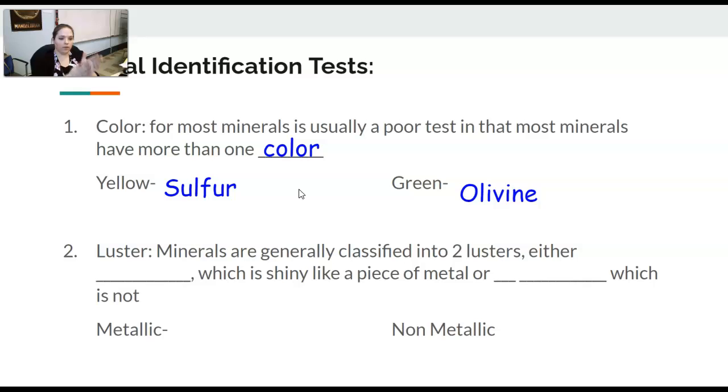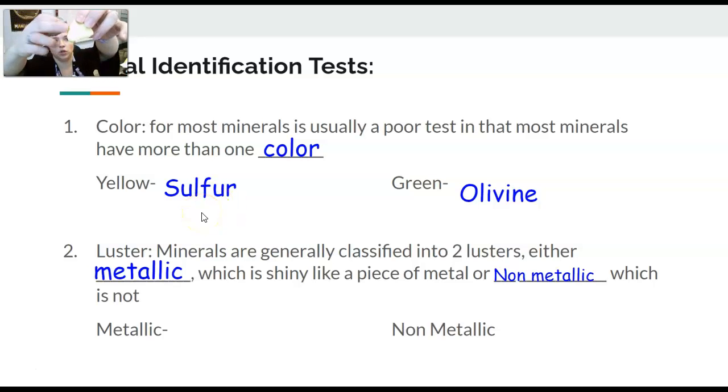And then you have luster. So minerals are generally classified into 2 lusters. They're either metallic, which means shiny like a piece of metal, or non-metallic, which means they're not. All right, so I just showed you a couple right here. Sulfur, and then you have olivine, and then you have potassium feldspar. You have galena.